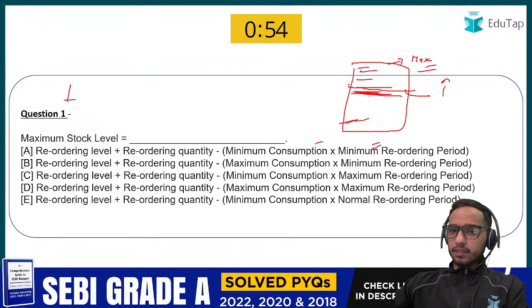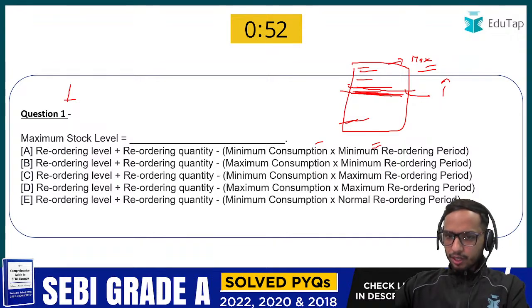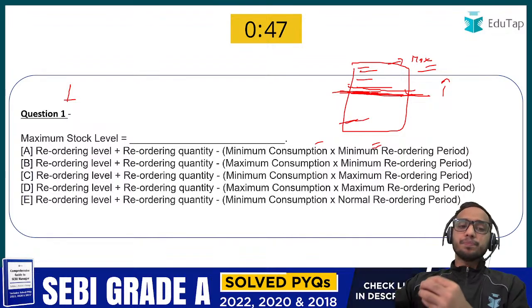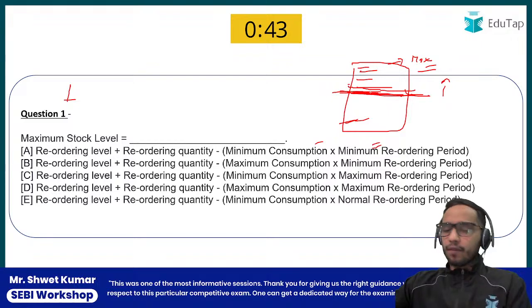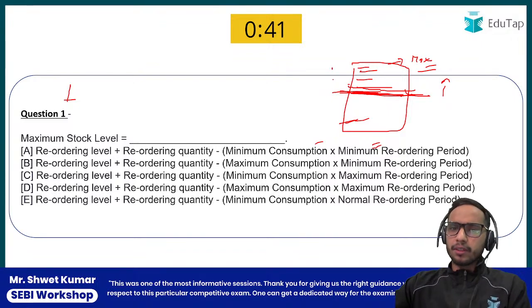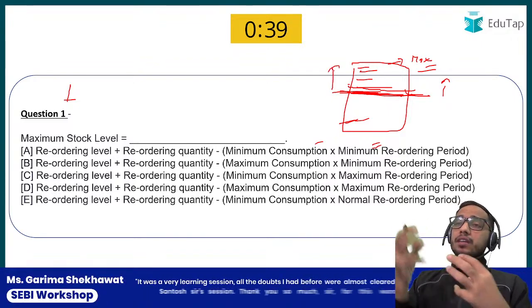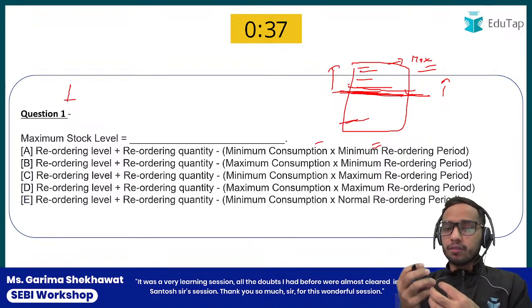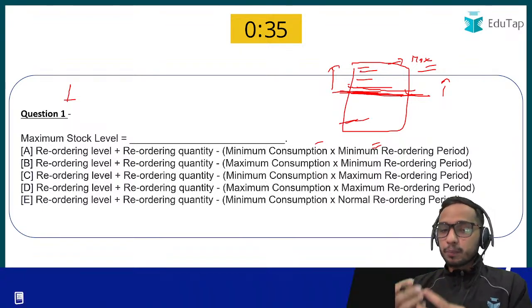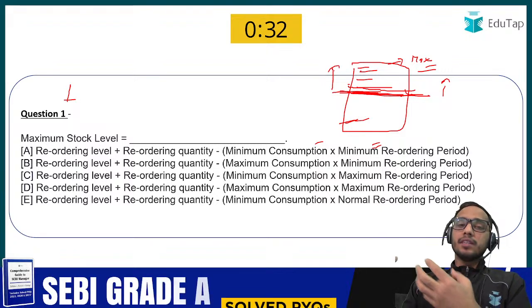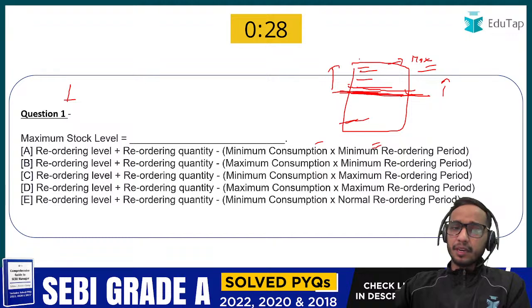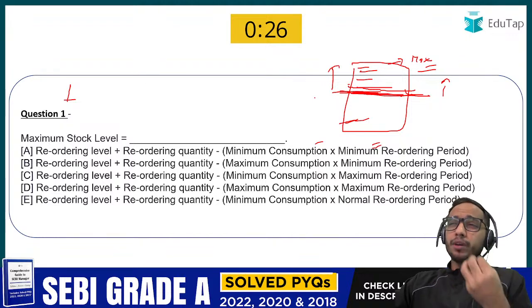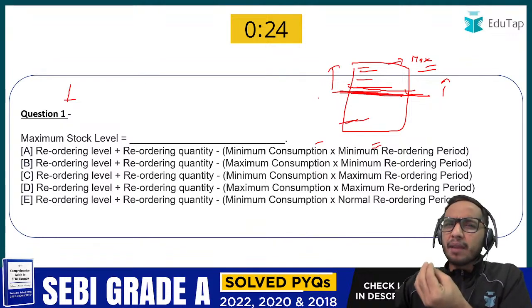Please understand this. We have the reordering level in this line. Now you are reordering a certain quantity, so you have to add that to get to the maximum level. But whatever your reordering period is, suppose the order gets delivered to you in a minimum time period, then something will also be consumed in that minimum time, na?